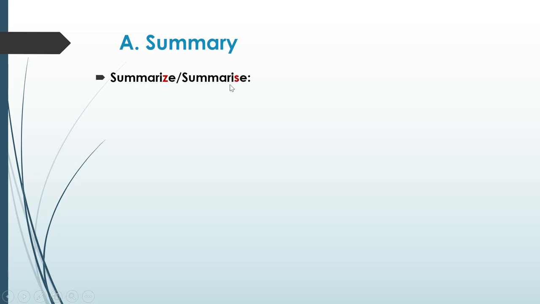British English is more common with S, but overall we see that both are used in the English language. American English does not use S; it uses Z, whereas British English uses both of these. So the pronunciation is the same, that is summarize, whereas the spellings are two, which you can use as it is up to you. So as a verb, it will have two spellings when we write it.